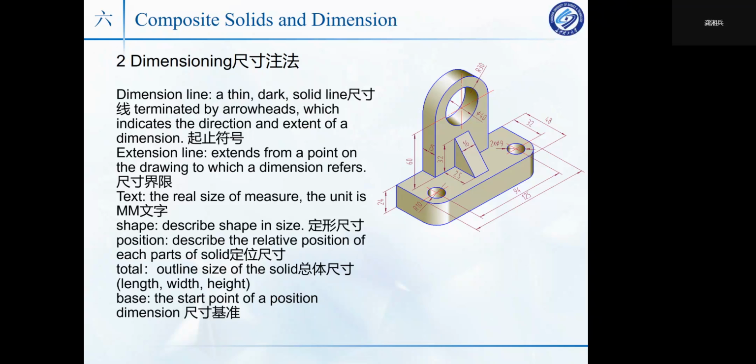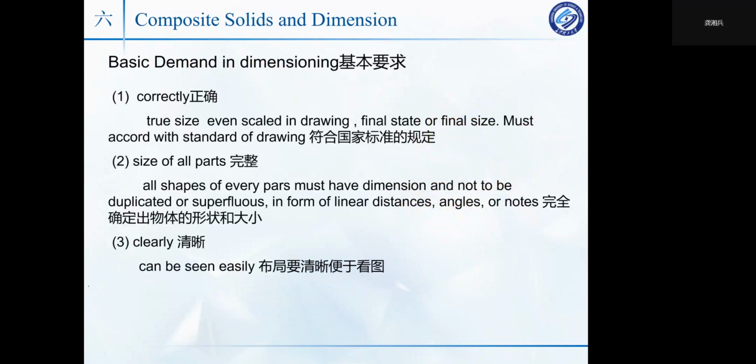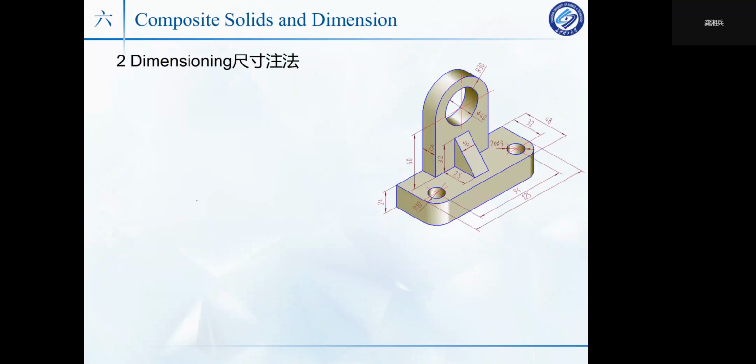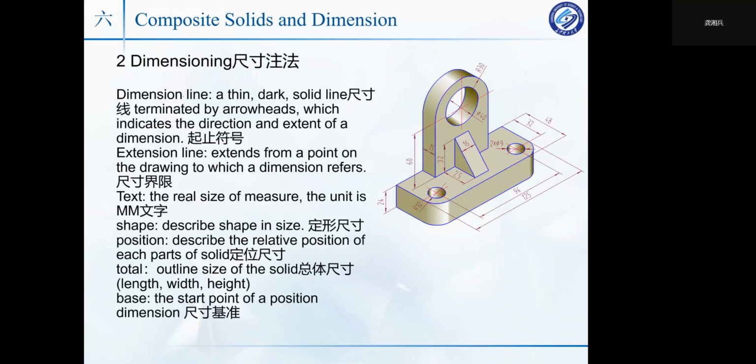So you can see for the dimension, we make the demand for this one supposed to be correct, and then size all parts. You cannot miss any part. You should make this clear. Just to show this example here, all the parts, like shape 1, shape 2, shape 3, and also make the dimension line and the extension line.